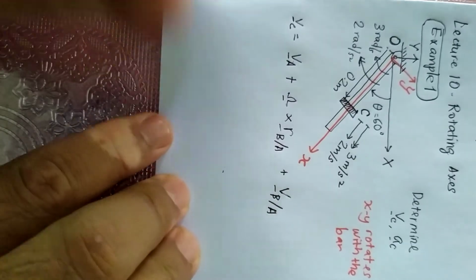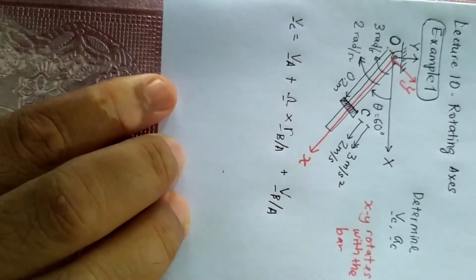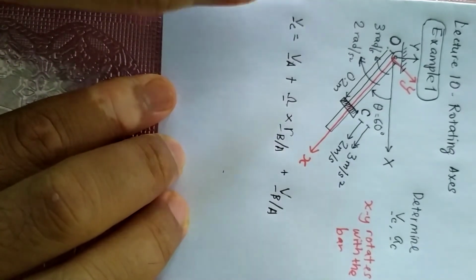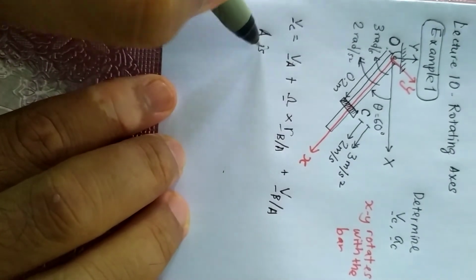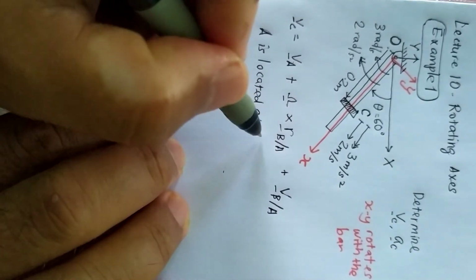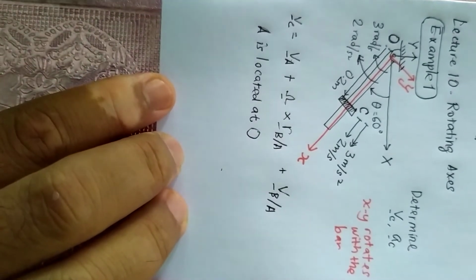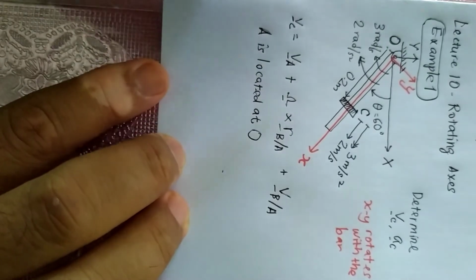And then let's solve the velocity problem first, and then after that we can come back here. So we know from this that A is located at O. So A is the origin of the axis.